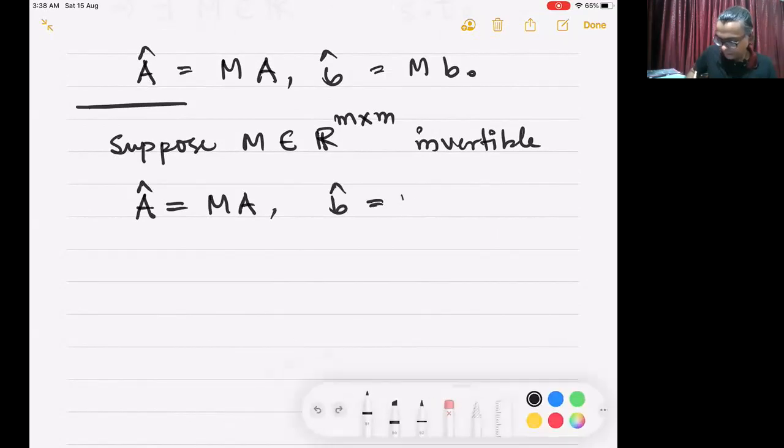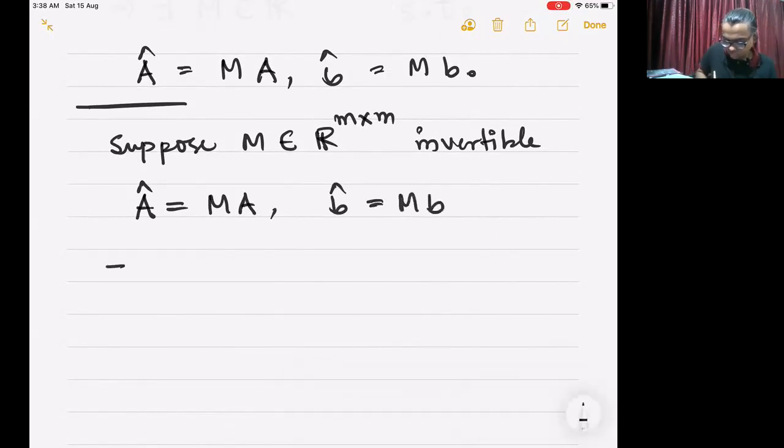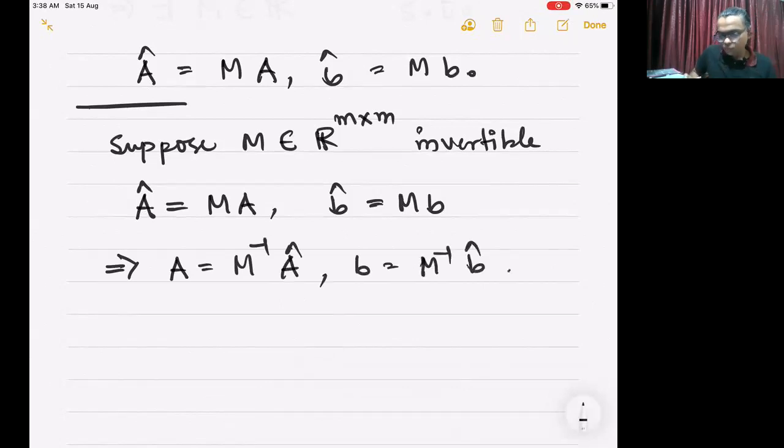But then this also means A is equal to M inverse A hat and B equals M inverse B hat, which means not only is A hat X equals B hat obtainable from AX equal to B, but AX equal to B is also obtainable from A hat X equals B hat, which means the two systems are equivalent.